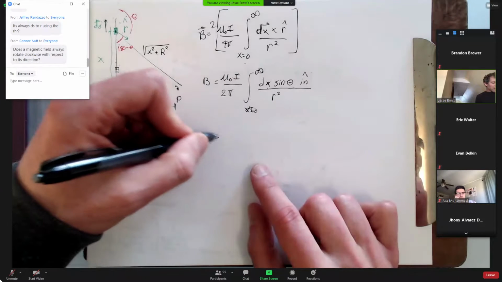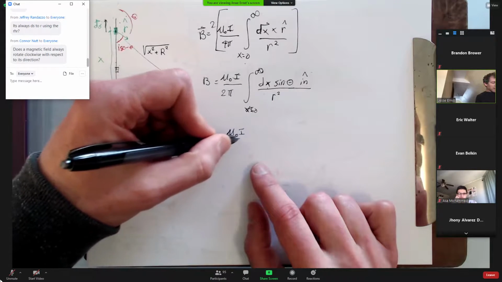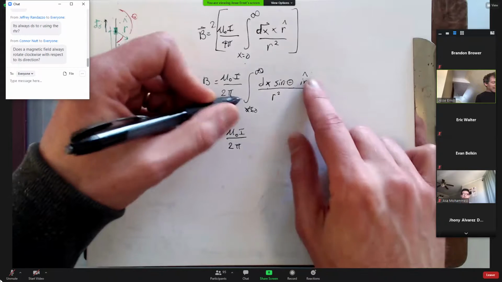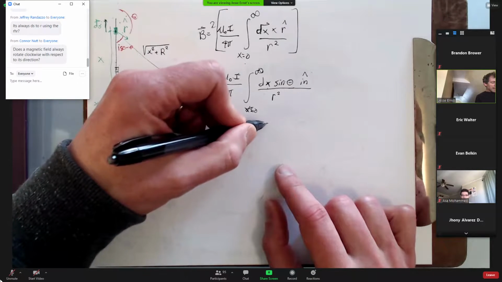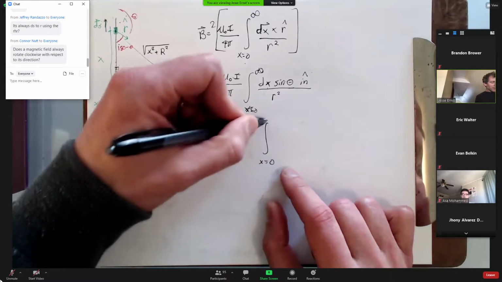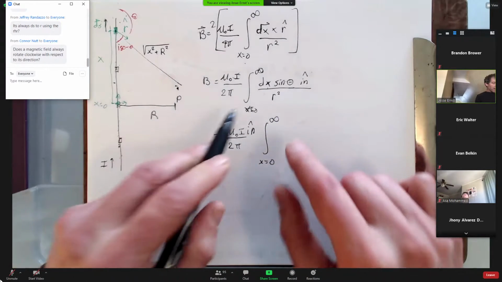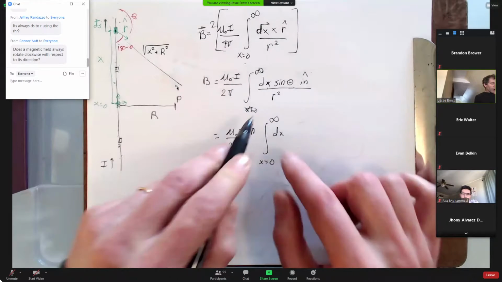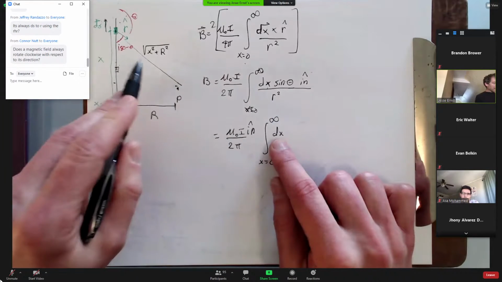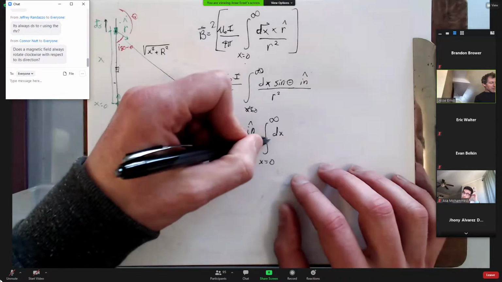So this is going to be mu naught I over 2 pi. I'll pull out the in hat, no reason to leave that inside the integral. Integral from x equals 0 to infinity dx over r squared. R squared is going to be x squared plus capital R squared.